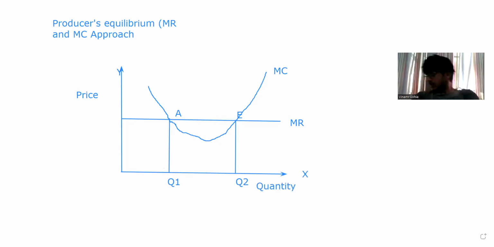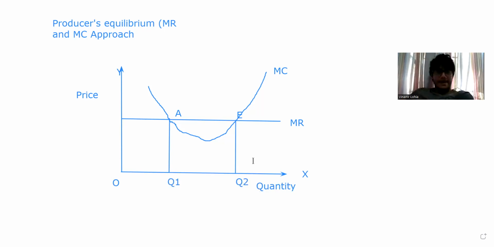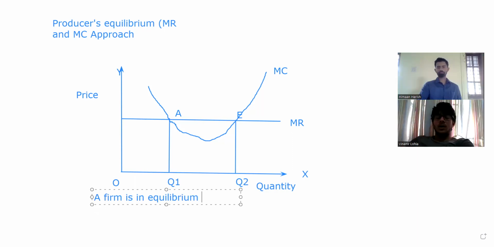Yeah, this is similar to the notes, except... So for your firm is in equilibrium, that is, it maximizes profits when it produces that quantity of output at which MR is equal to MC, marginal revenue is equal to marginal cost.